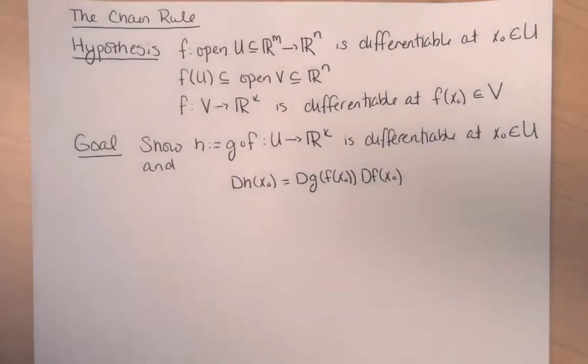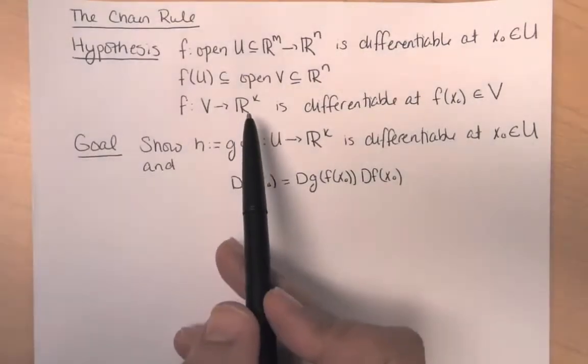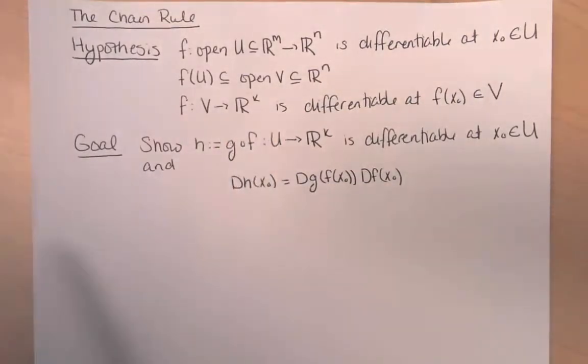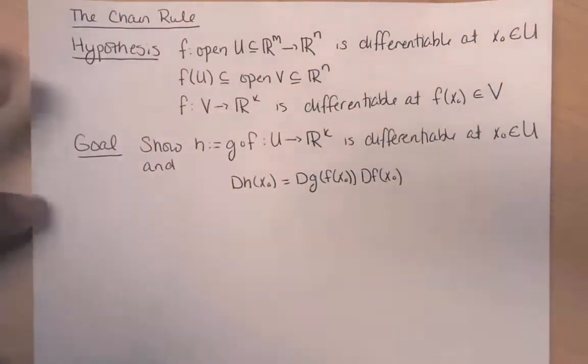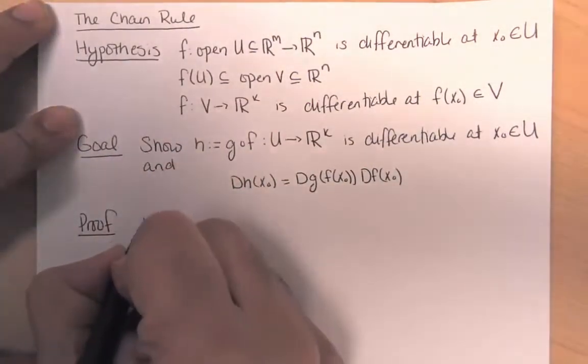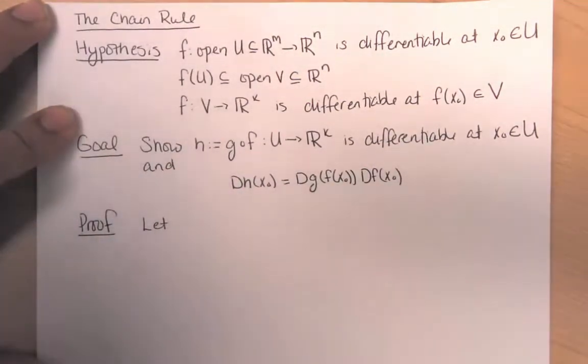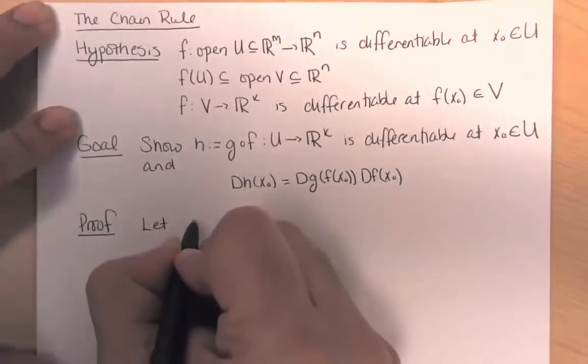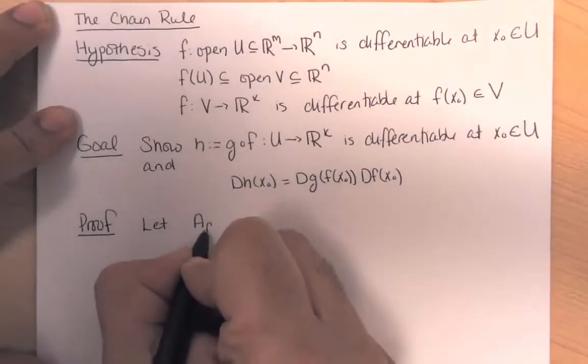Okay, so let's prove the chain rule. I'll keep my hypothesis written here just to remind us. Our goal is to show that the composition is differentiable and the derivative is given by the chain rule formula. Now, for simplicity of notation, let's give some short names to our derivative matrices.